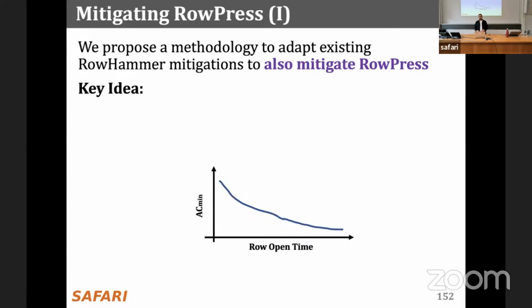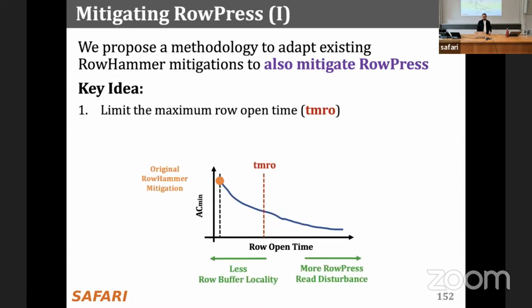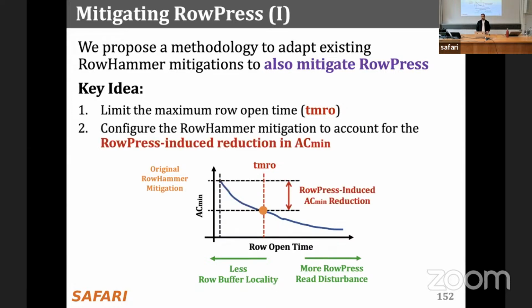Okay, so we propose some adaptations to the existing mitigation mechanisms in this paper to address Rowpress as well. Basically, we limit the maximum row open time by the memory controller scheduling policy.